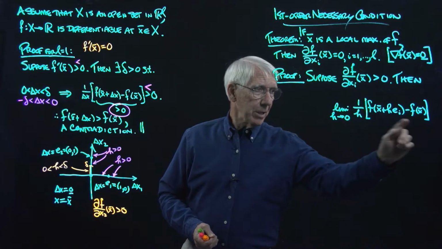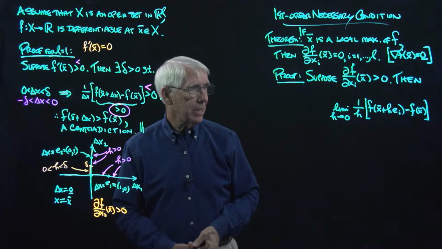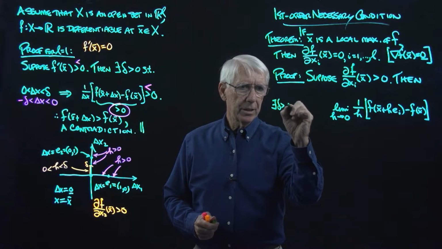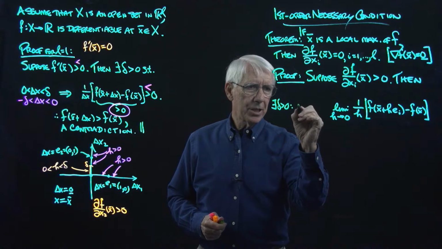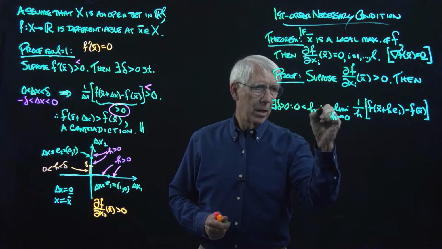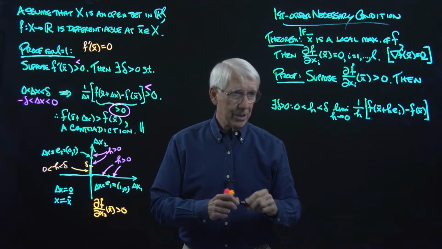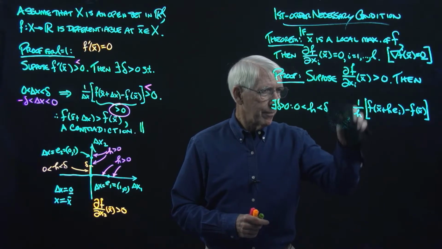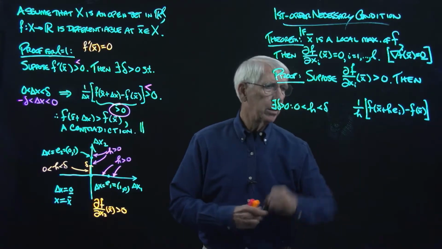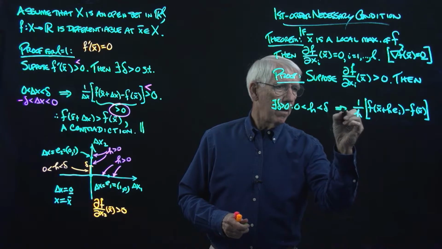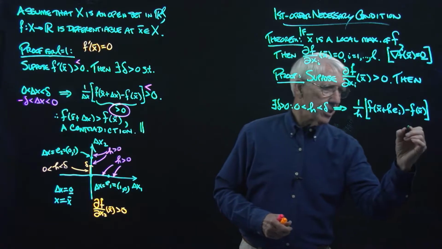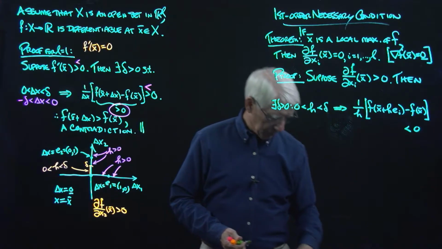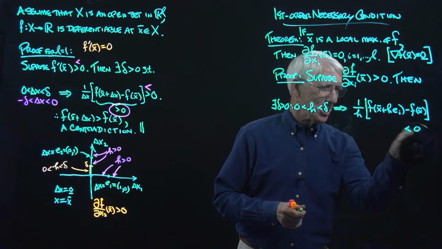If this limit is positive, it's got to be the case that there exists a delta greater than 0 such that if h is between 0 and delta, then that implies that this quotient is greater than 0.